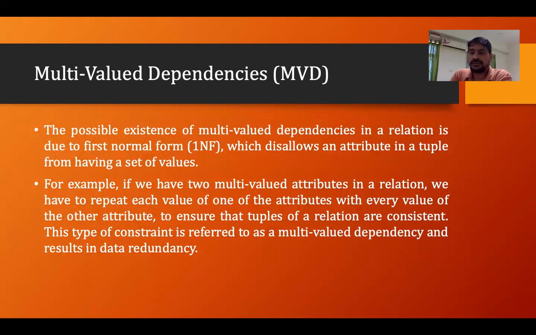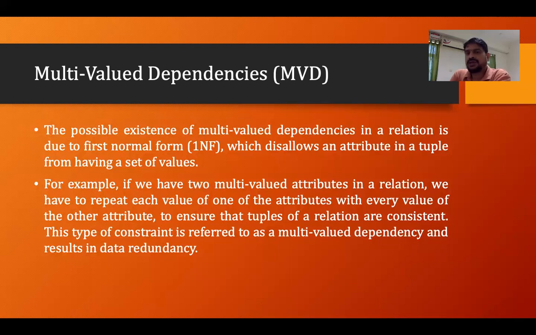One person may have more than one phone, right? So phone number may also be a multi-valued attribute. Then we have hobbies. One person may have different hobbies. So hobby is another attribute which is called a multi-valued attribute because it has multiple values.